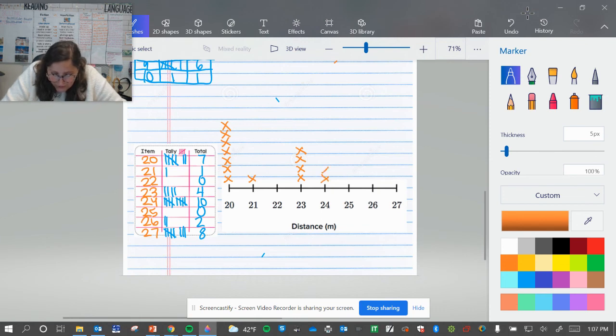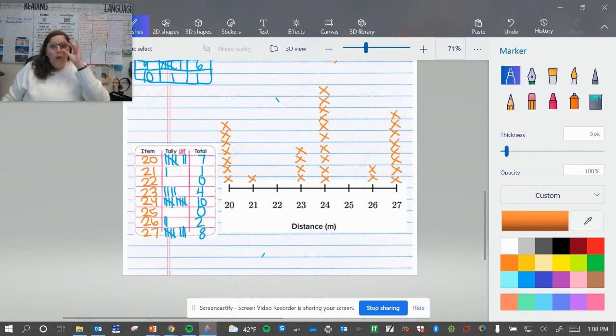Make them straight. 1, 2, 3, 4. Make sure you're going straight up. 5, 6, 7, 8, 9, 10. Nobody on 25. 2 on 26. And 8 on 27. 1, 2, 3, 4, 5, 6, 7, 8.